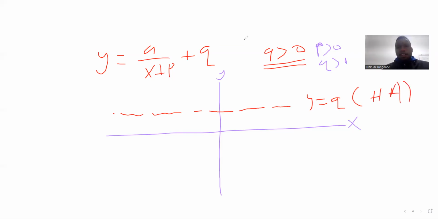And then, remember, the vertical asymptote is the line x equals minus P. It's not x equals P, it's x equals minus P. So if P is positive, then x equals minus P is going to be on the negative side, right? So let's use the green one. You're going to have this. That's x equals minus P.